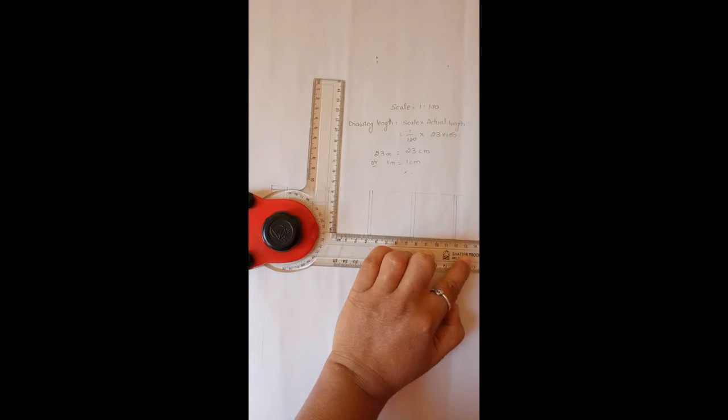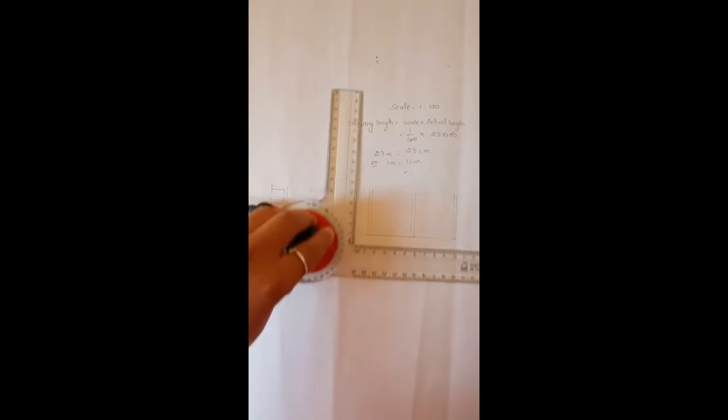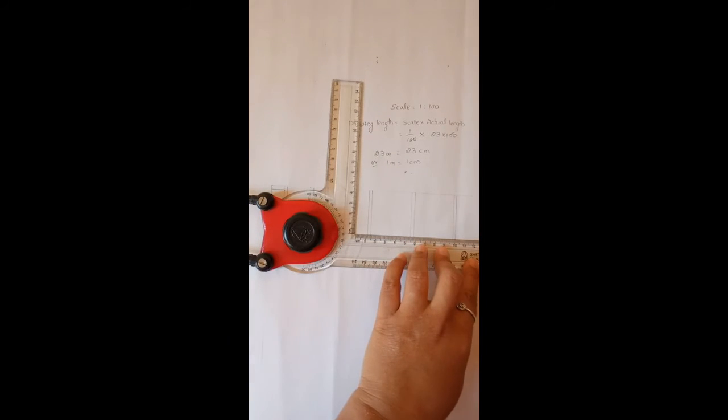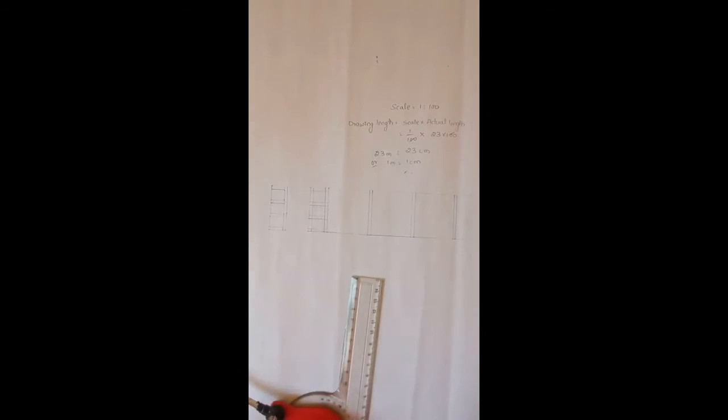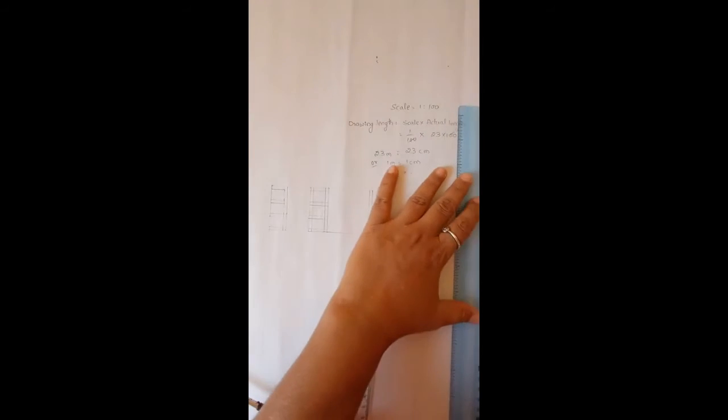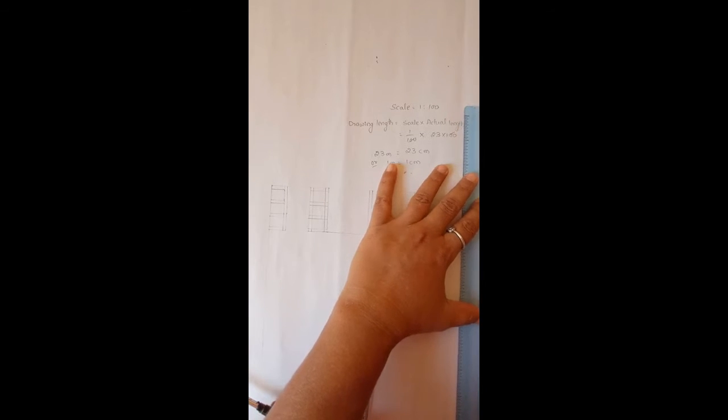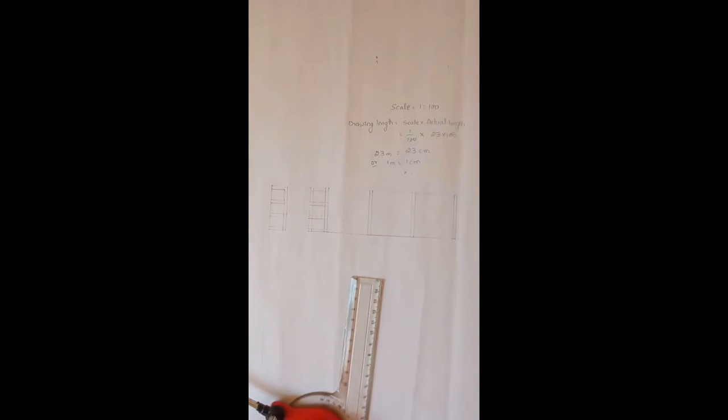Here 1 2 3. Just draw a line. This is the wall thickness.